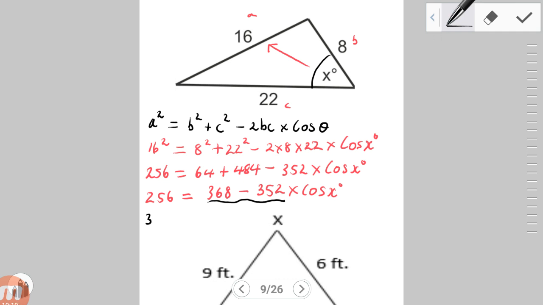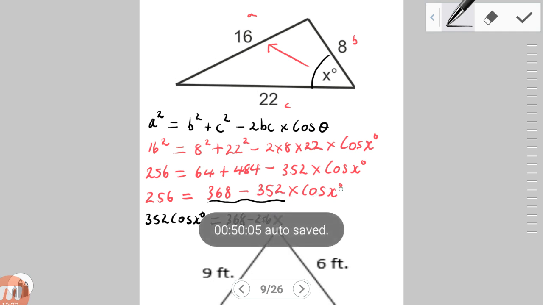We're going to have 352 cosine x, they go together, and that's going to be equal to 368 take away 256. So we just swap positions of the cosine x times 352 with the 256.